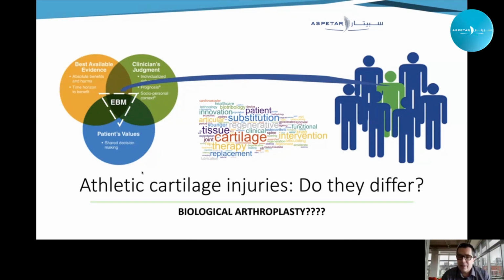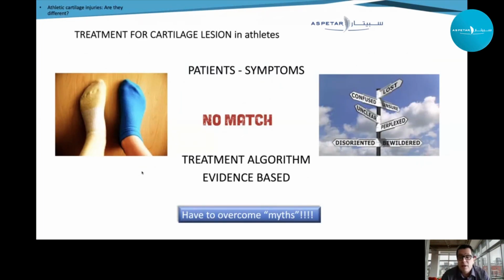But it's really hard to implement evidence-based medicine in high-level athletes, in professional sportsmen, and in some cases even at a lower level, because, as I will explain later on, there are not only differences, but there are some parameters that make athletes different from other people. And mostly there is some confusion around, especially in the cartilage area, and not only in the sports part of the world, but also in the general population.